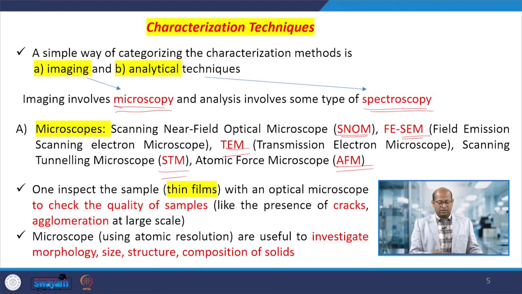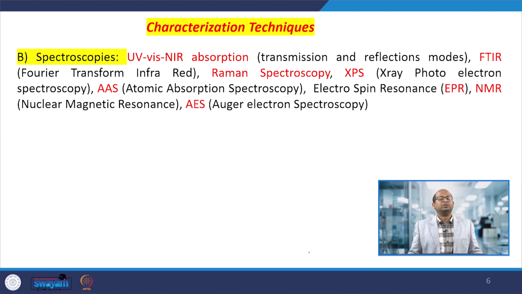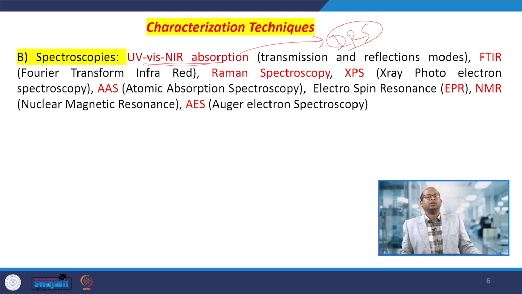Suppose we have developed a thin film over a particular surface for an application. If we want to check whether there are any cracks or agglomerations over the surface of that thin film, or check the morphological structure, size, and composition, we can characterize these using microscopic techniques. Next are the spectroscopic techniques, particularly UV-NIR spectroscopy, and for solid materials the DRS method, diffuse reflectance spectroscopy, or IR.